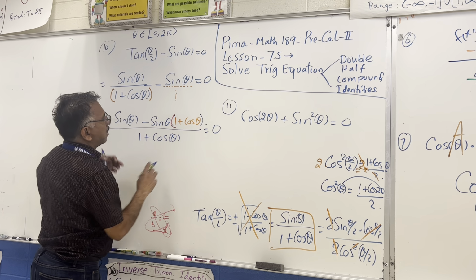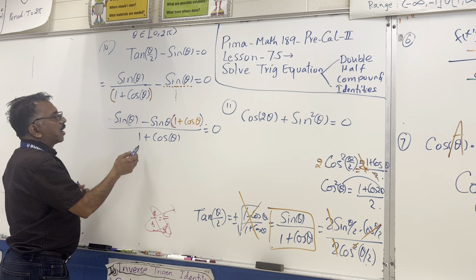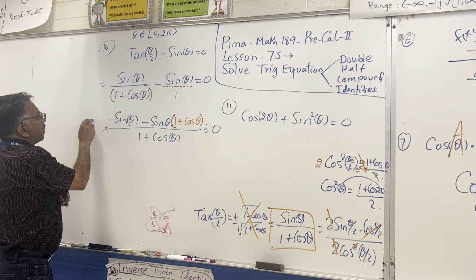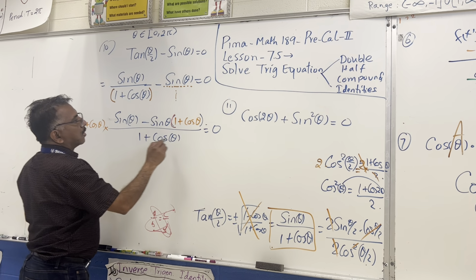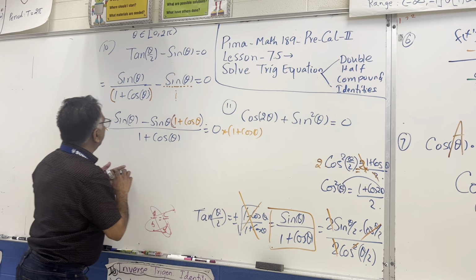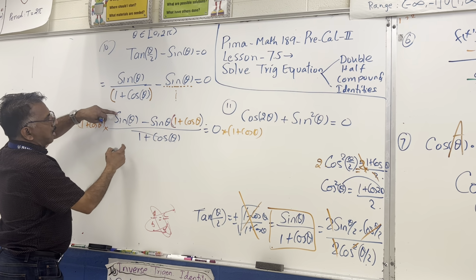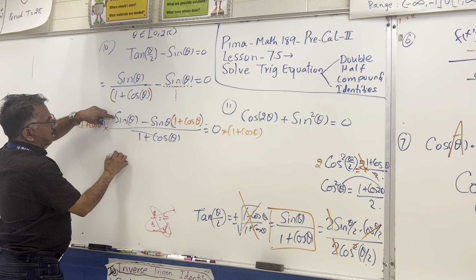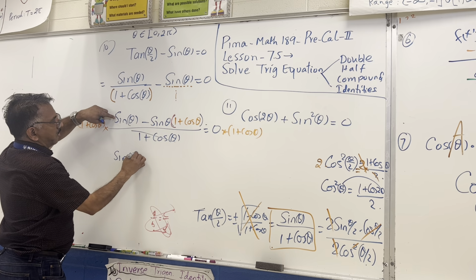We can multiply both sides by 1 plus cosine theta. So this goes away, and at the same time you undo the distributive property. So sine theta is the same.